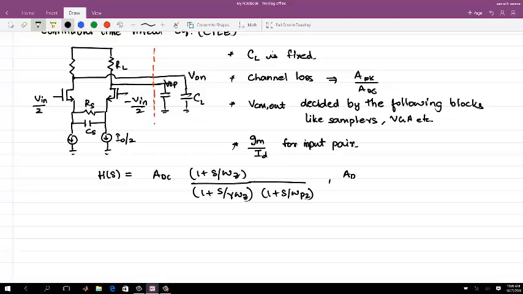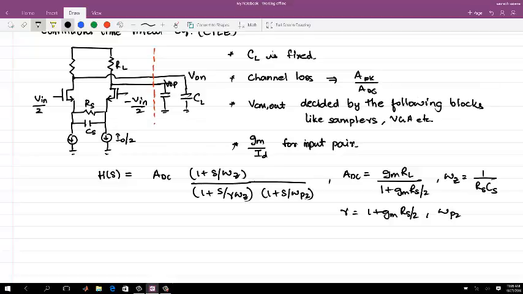So A DC is gm RL by (1 plus gm RS by 2), omega Z is 1 by RS CS, gamma is 1 plus gm RS by 2, and omega P2 is 1 by RL CL. We need to find the values of RL and what kind of gm value we need.